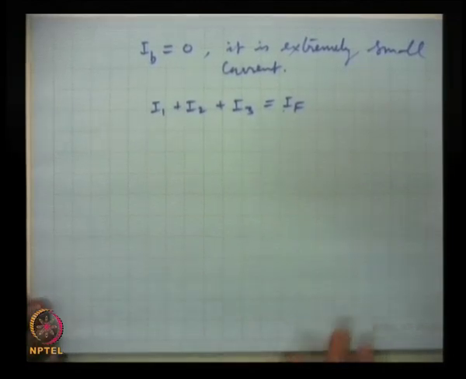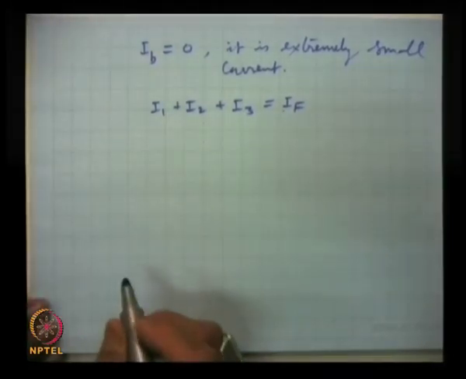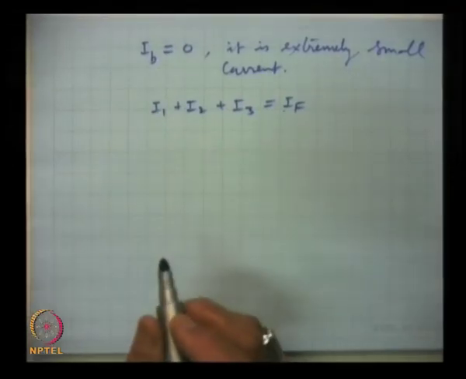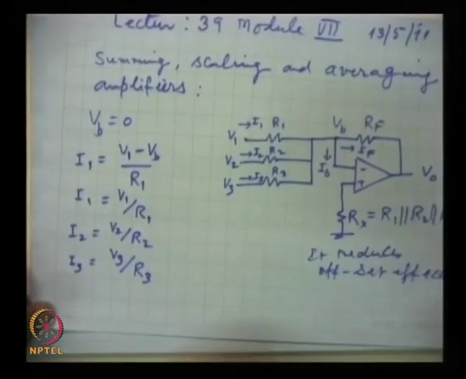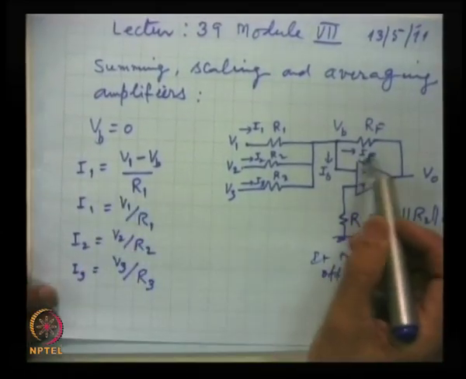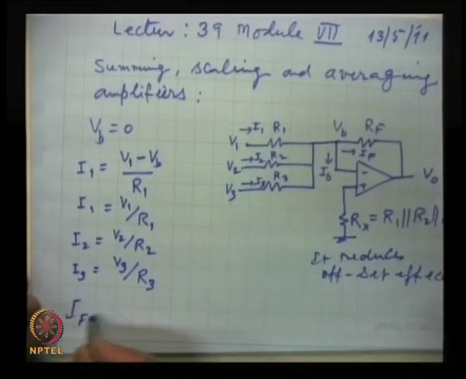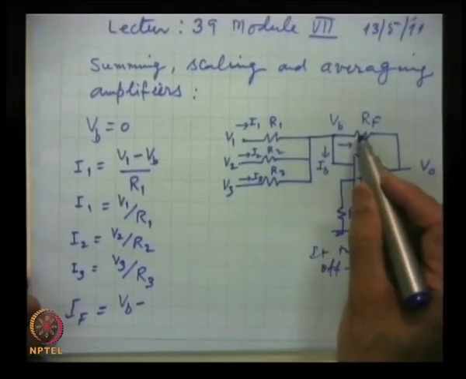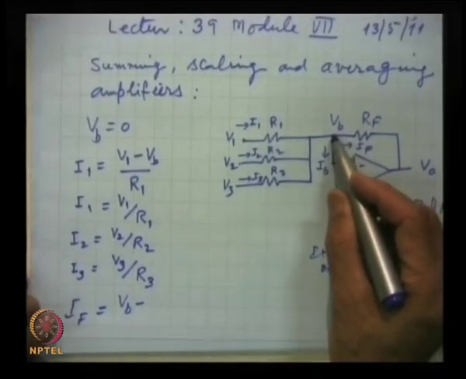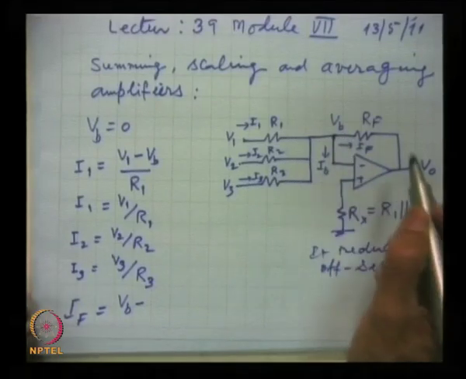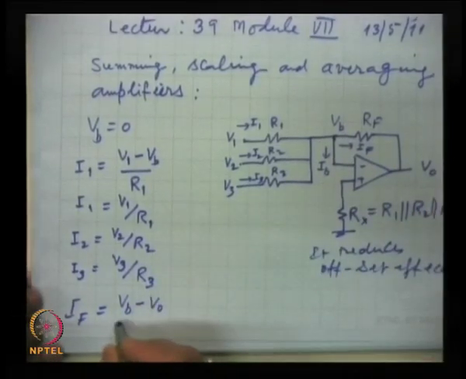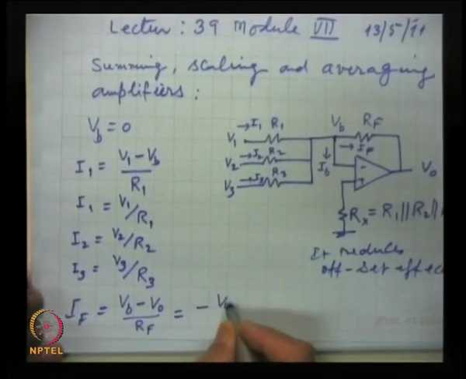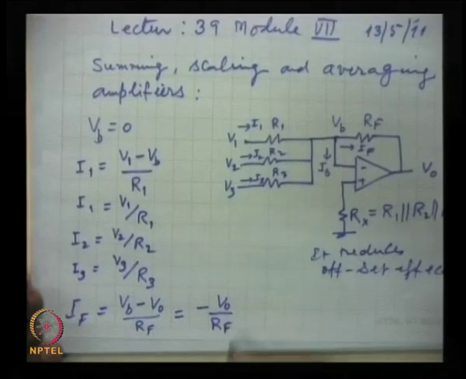And we can write for IF all the three currents we have written. These three currents we write. Now, what will be IF? IF is VB minus V0 by RF, where this terminal is at potential VB, which is 0. So we write finally 0 minus V0 by RF, and this is equal to minus V0 by RF.